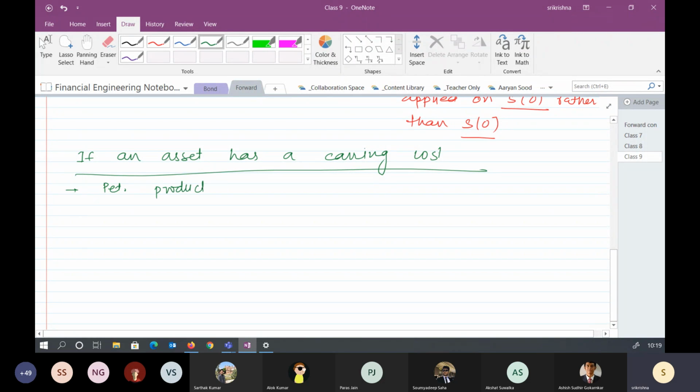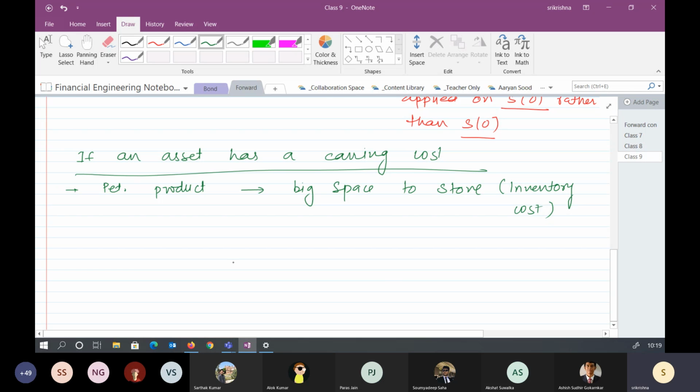For this one, what you need is a big space to store. So there would be some kind of inventory cost. Do you agree with this or not?